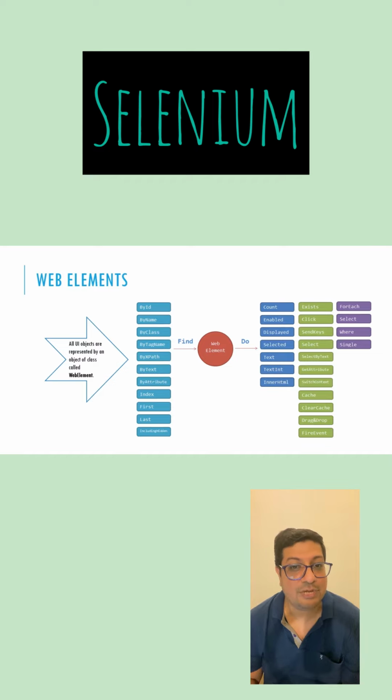For example, you can click on an element, you can send text if it is a text type of element, you can verify the existence of that element, you can see if the element is present or not present, and you can check the properties of that element. For example, by getting the text, you can see what is the text inside that element, you can verify the color of that element, etc.